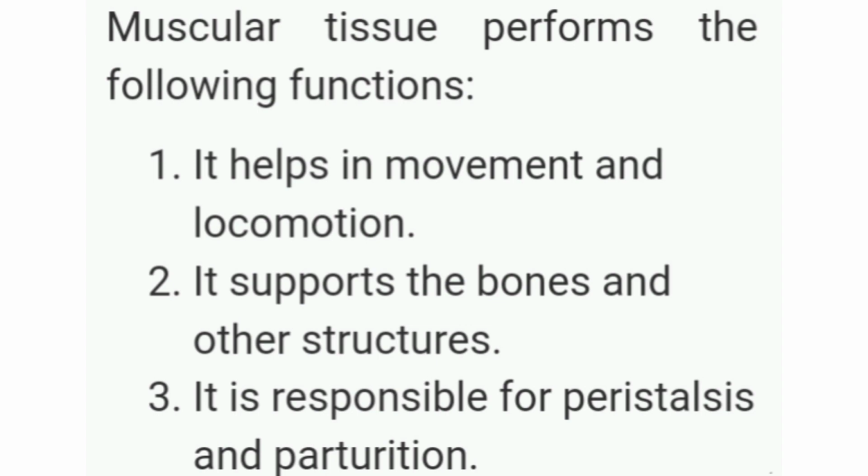Muscular tissue performs the following functions. First one, it helps in movement and locomotion. Second one, it supports the bones and other structures. Third one, it is responsible for peristalsis and parturition.